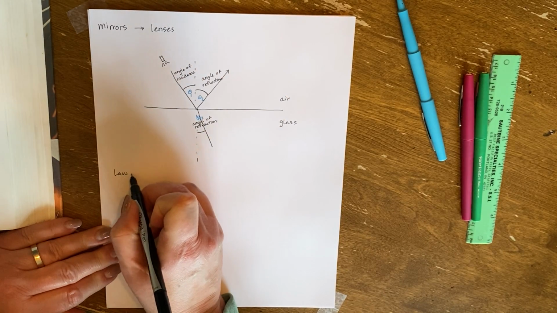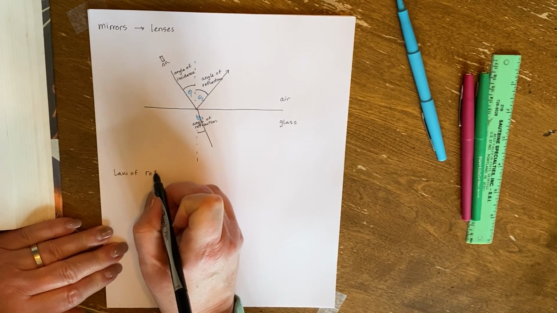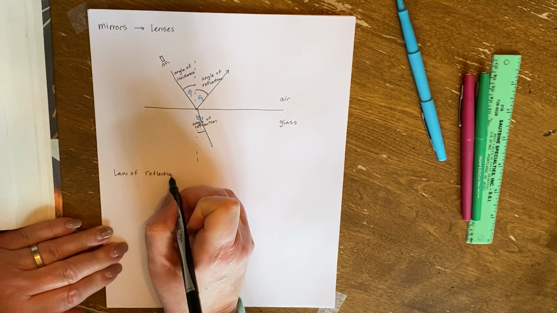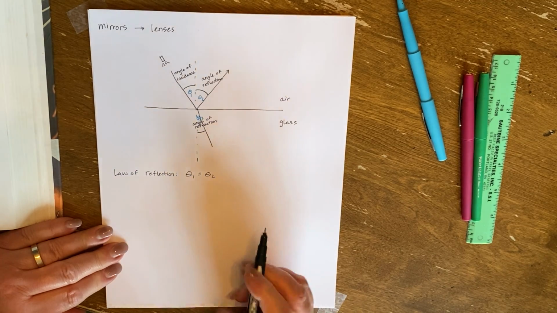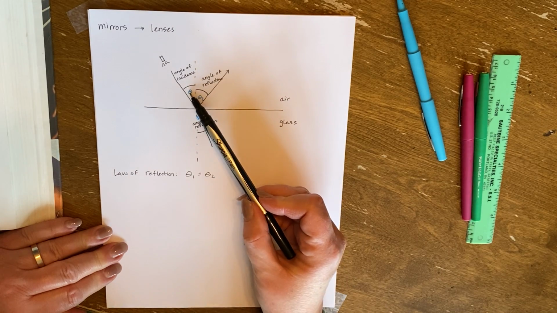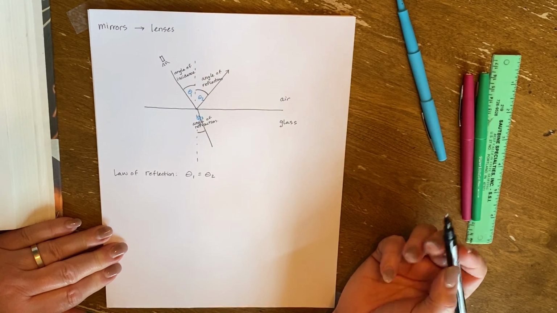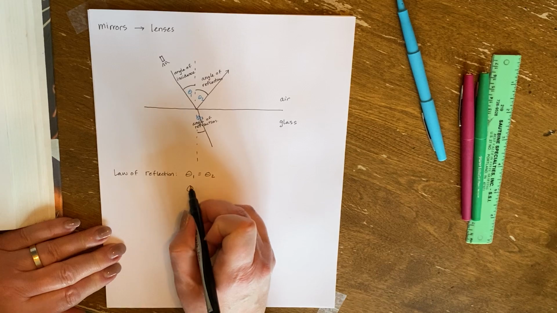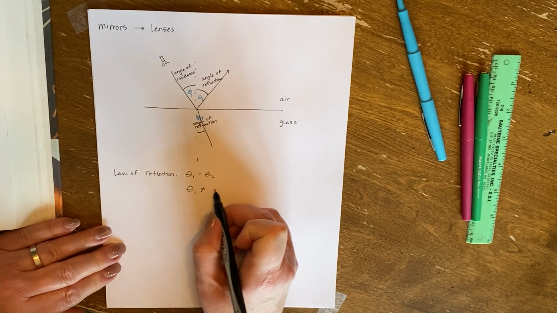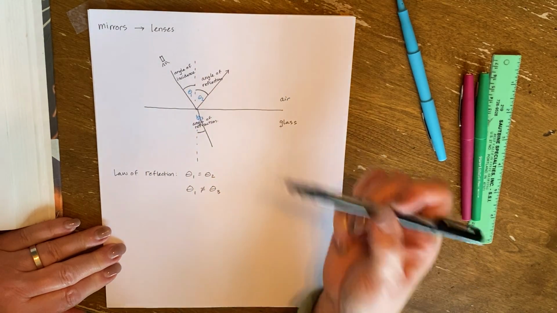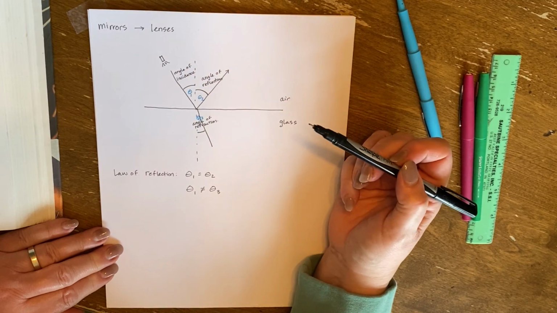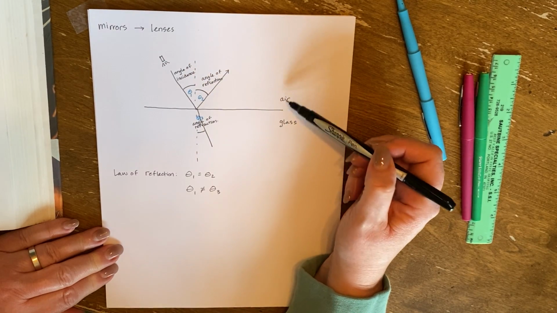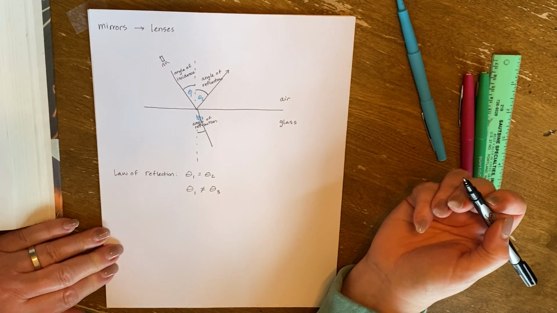According to the law of reflection, theta 1 will always equal theta 2. The angle of incidence will always equal the angle of reflection. But theta 1 will not equal theta 3. So the angle of incidence will not equal the angle of refraction if these two mediums have different densities.